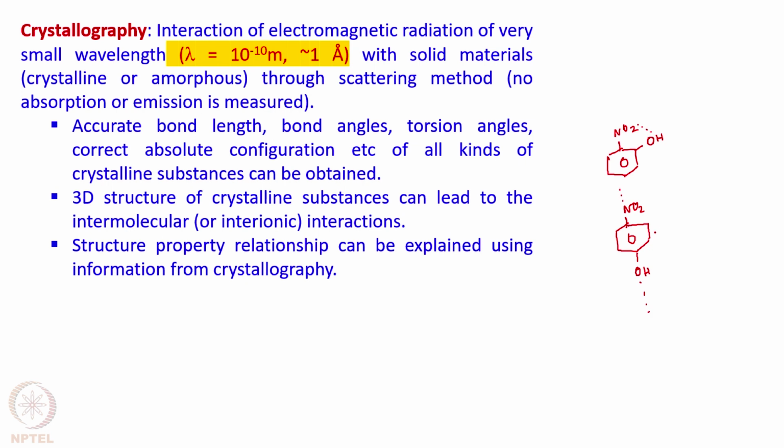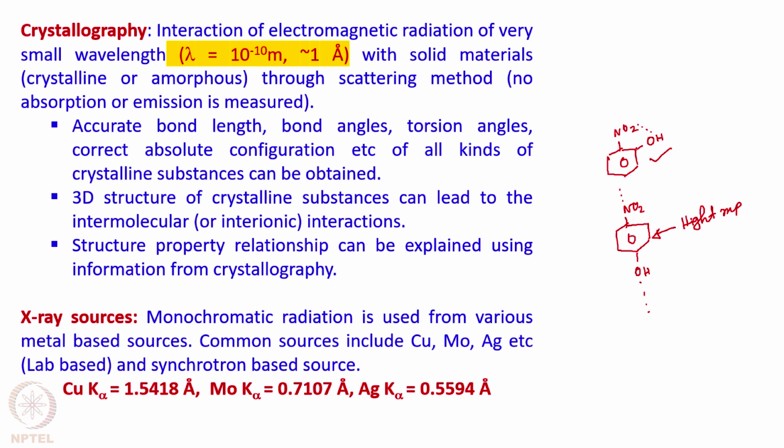As a result, paranitrophenol has a higher melting point compared to orthonitrophenol. So this higher melting point is a physical property of this particular compound which can be explained if we know the crystal structure of these two compounds.